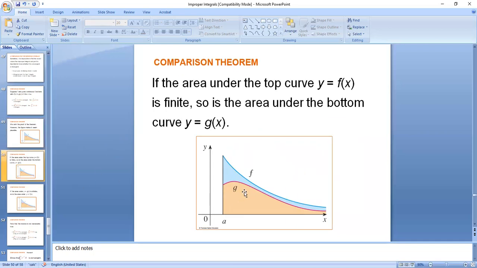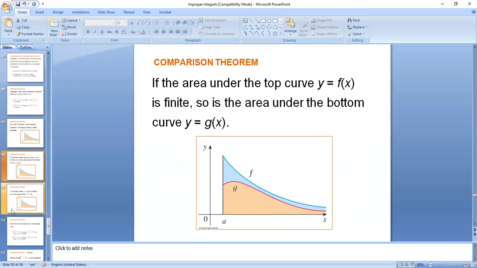When you speak of finite, class, specific, so kung ma-determine mo gini ang area ng function of x, g of x is just a part of f of x, it's common sense, because it's lesser than the area of the function of x, and it's bounded by the same boundaries. So kung convergent si function of x, it follows, since g of x is just a part of it, g of x will also be convergent.